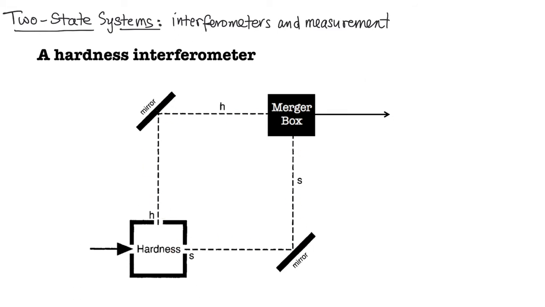Now this should make you think of the two-slit experiment, right? So if you remember, we have a source and two slits and then a distant screen, and pick a point on that screen, okay?